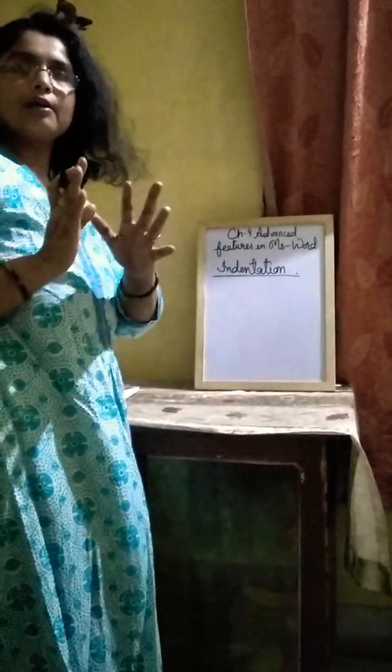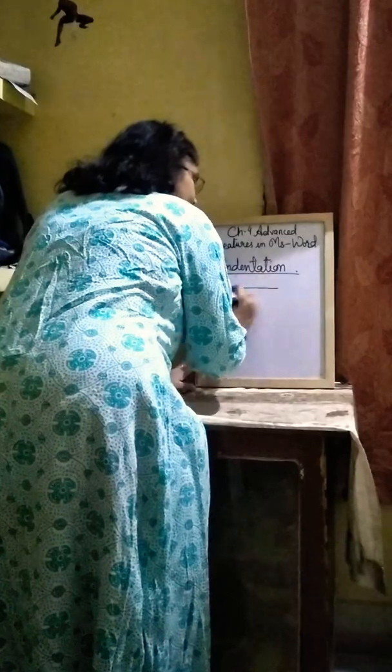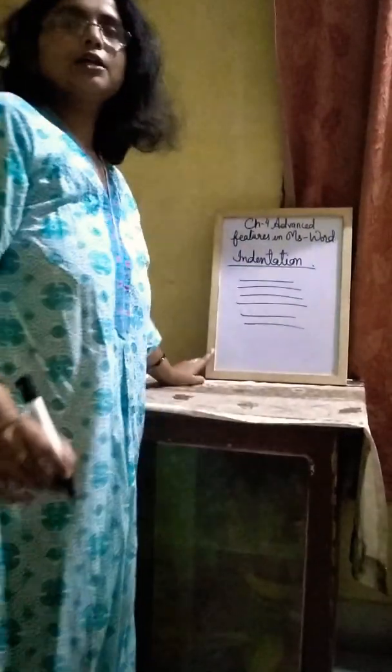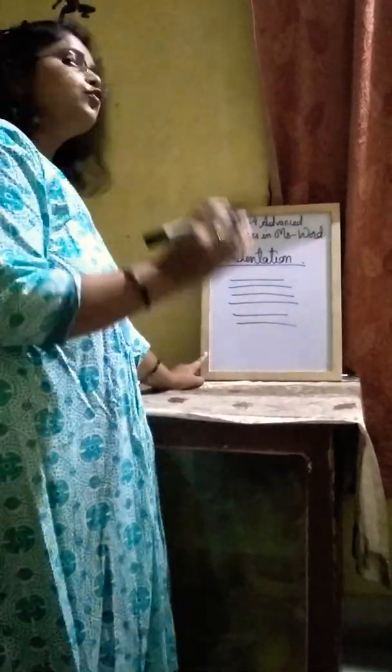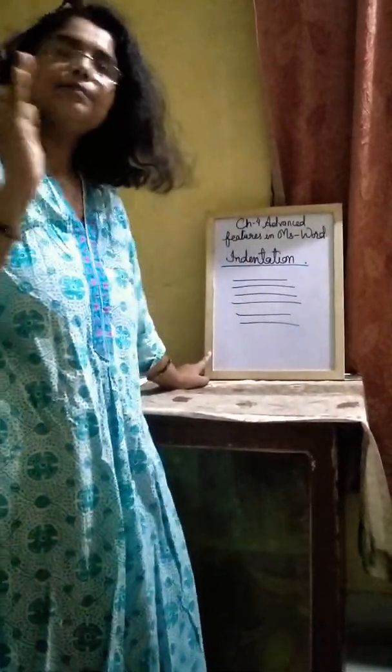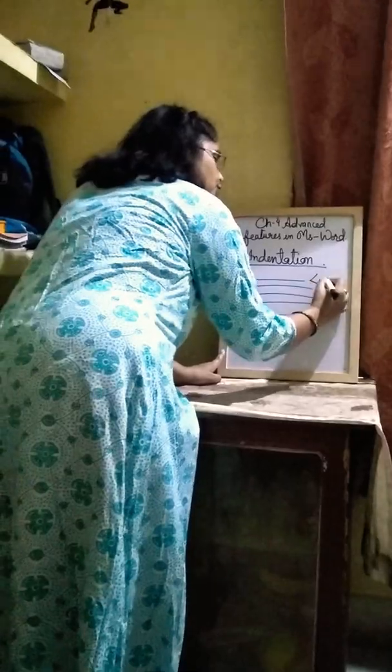Now move to indentation. What is indentation? Indentation is just setting the paragraph, like when you are writing some paragraphs in your document. Okay children, now you can set paragraphs in 4 types.